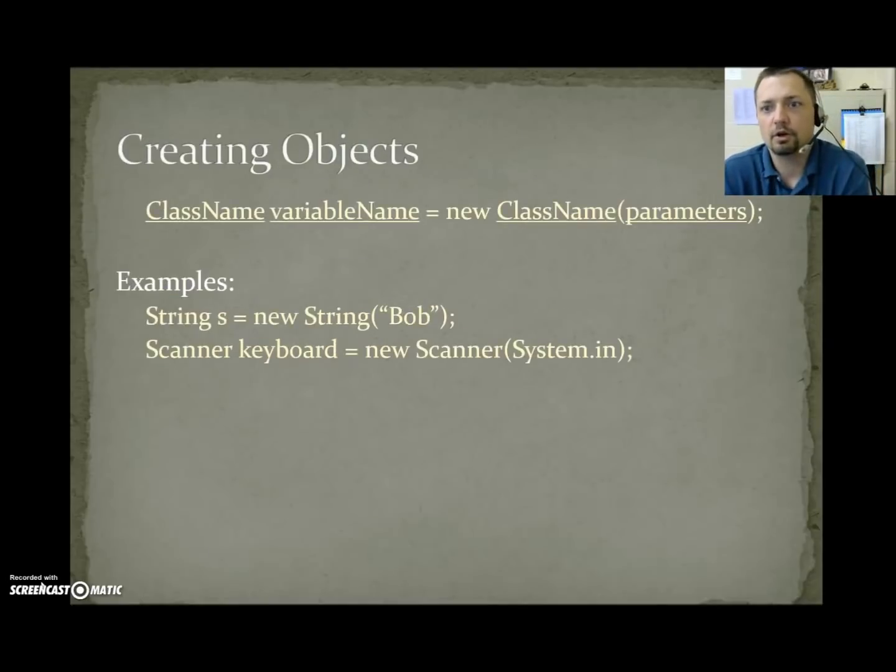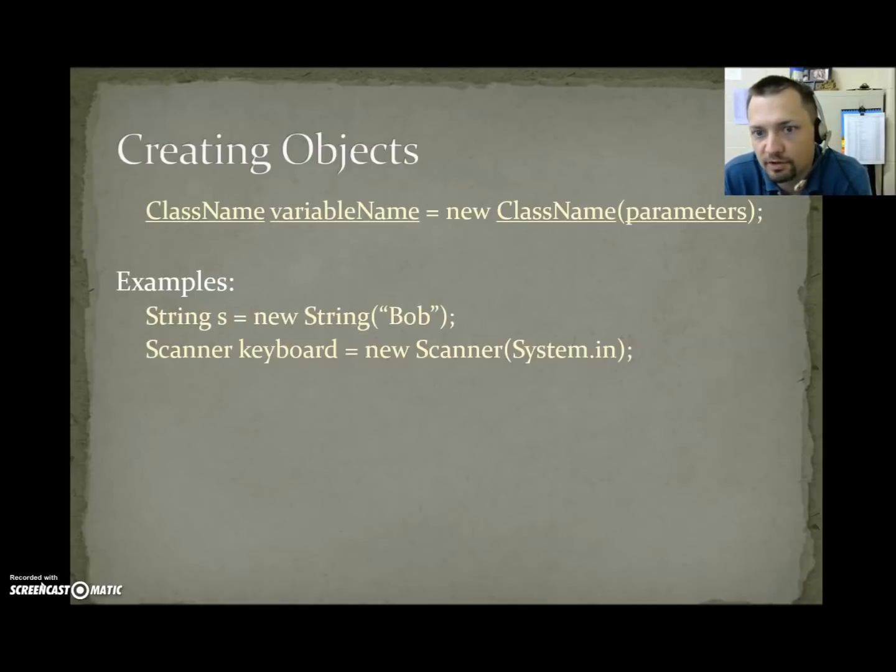Creating objects. Once you've written a class file, you can actually create objects. The format for creating an object from a class is class name or type, variable name equals new class name, parenthesis, all the parameters the constructor wants, close parenthesis. An example of this is strings are actually created with String s equals new String, quote, whatever you want, Bob, quote, close parenthesis.